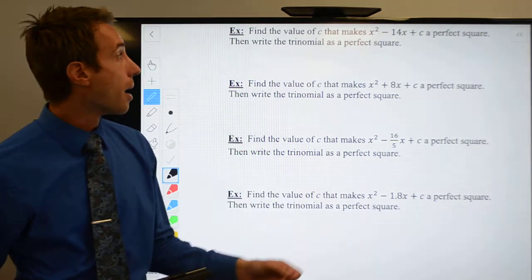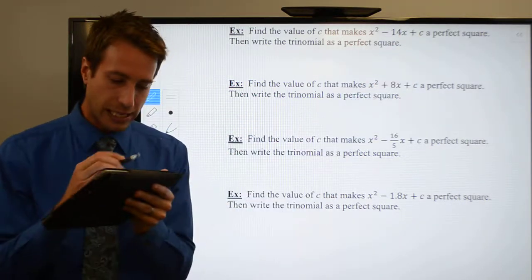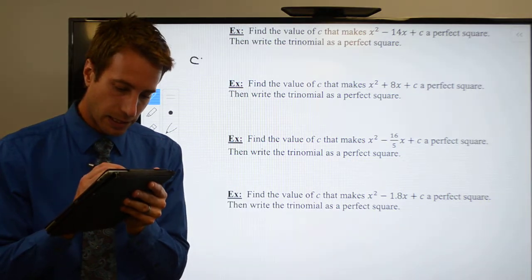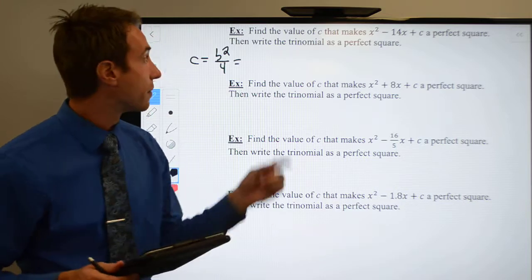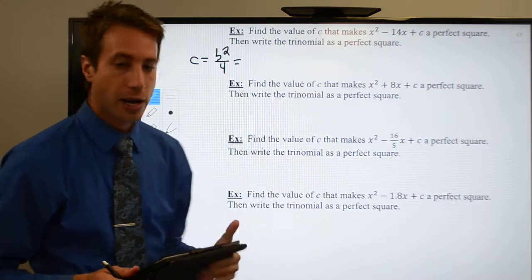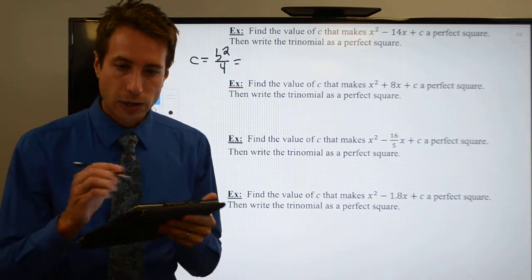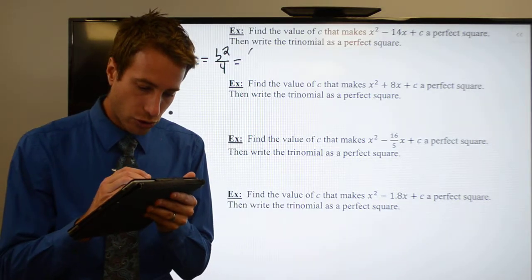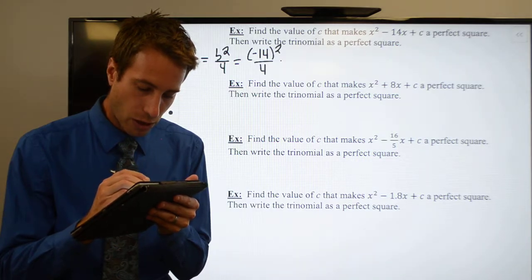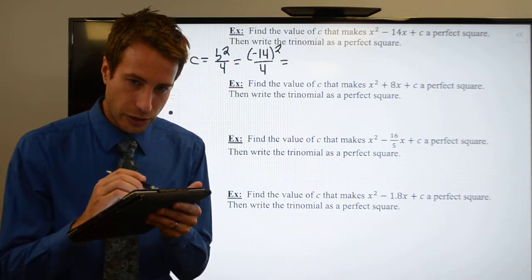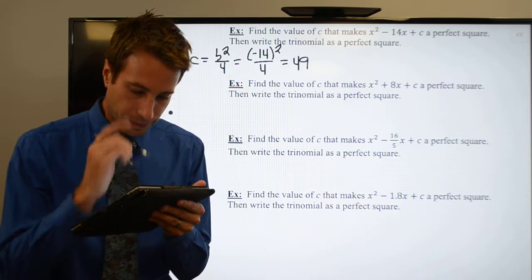Here we go. I need to find the value of c. So c needs to be equal to b squared over 4. Let's see here. We're going to have negative 14 squared divided by 4, which put into your calculator should come out to be 49.